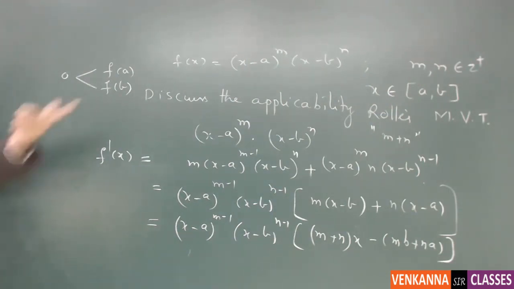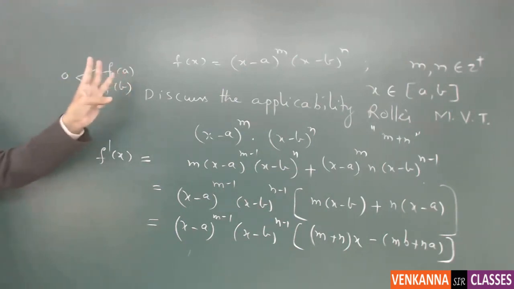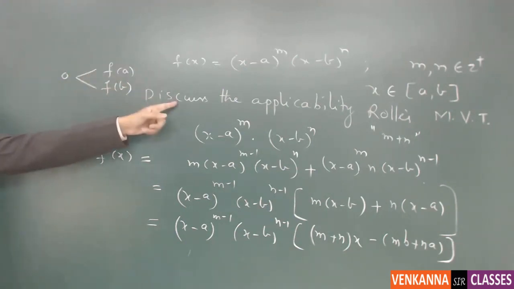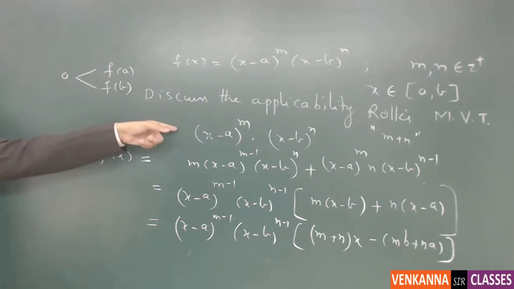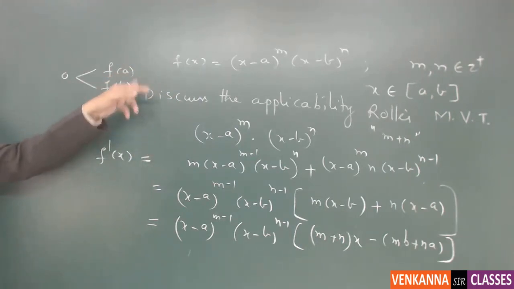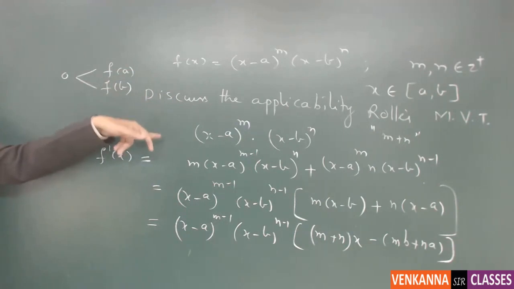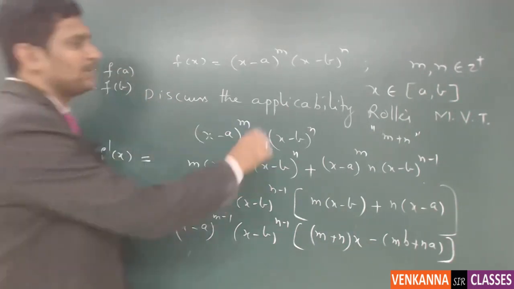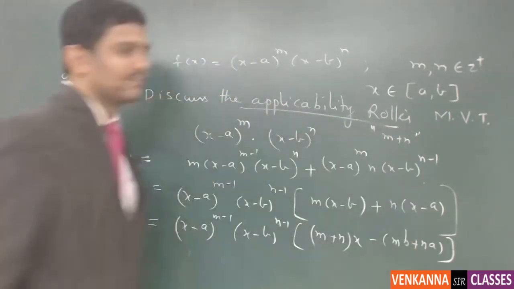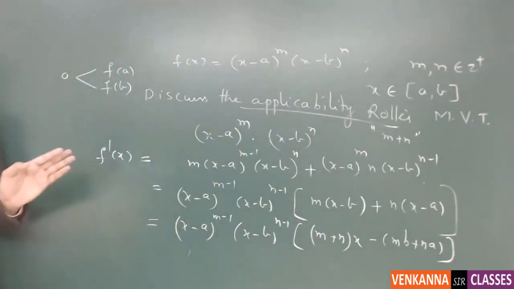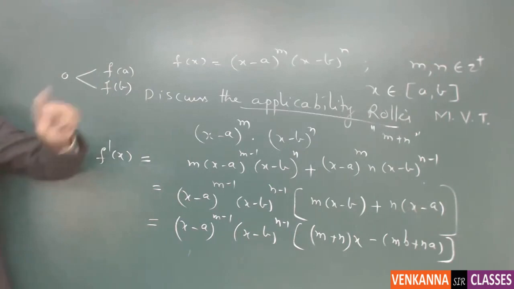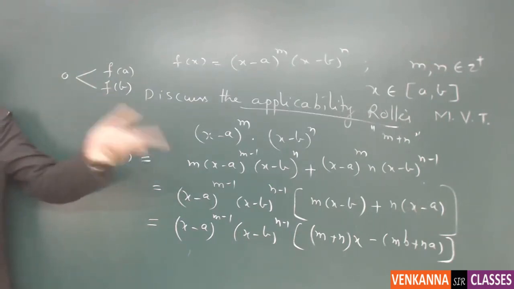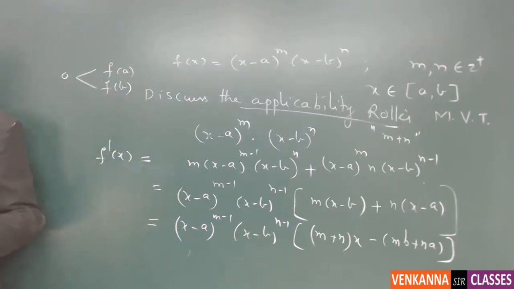Now what happens? F satisfied the three conditions. You have written it is continuous. You have written it is differentiable because it is a polynomial, and f of a, f of b have equal value. So it has satisfied the Rolle's mean value theorem. In other words, Rolle's mean value theorem is applicable on the given interval. So as per Rolle's mean value theorem, you can find a point C such that f dash of C is equal to 0.